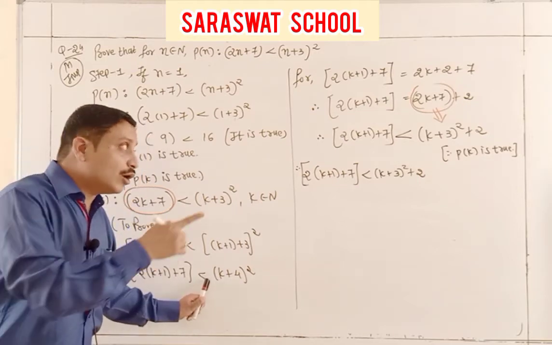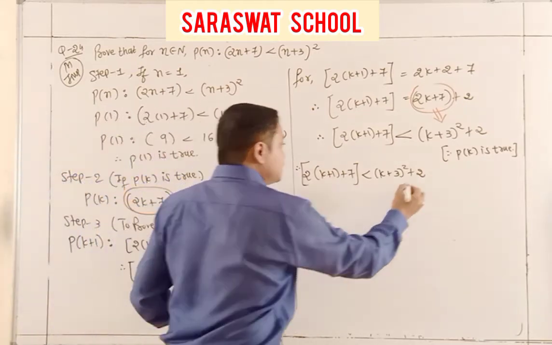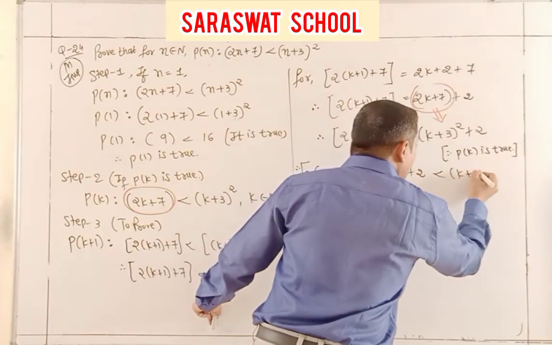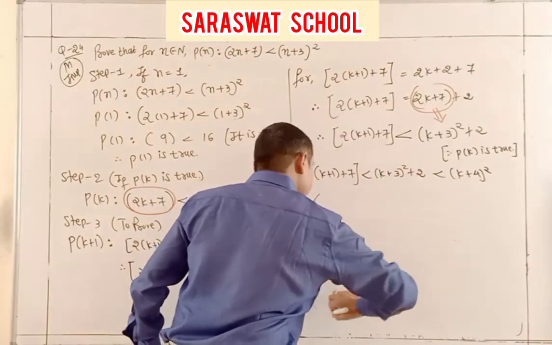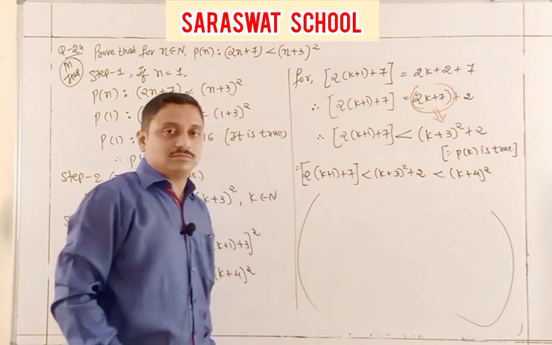This answer is not already the target, so I write (k plus 4) whole square and check whether it is true or not.